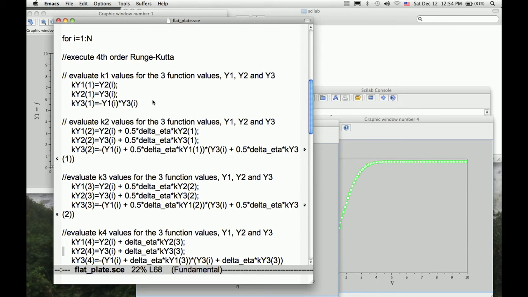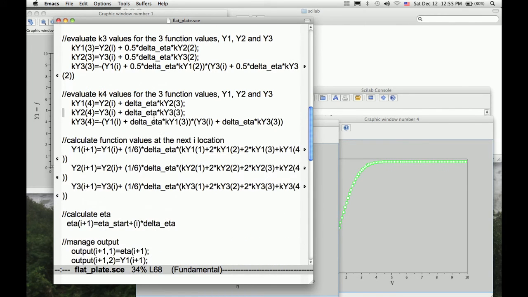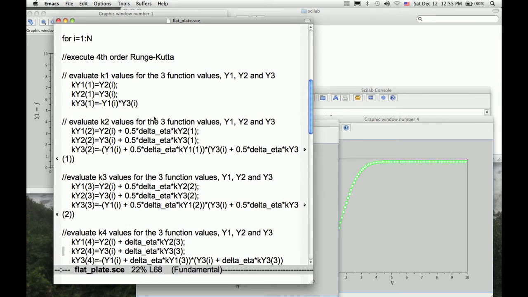This is a very standard method, and I think you can see that here, for example. Now, we start out here. So, I say ky1.